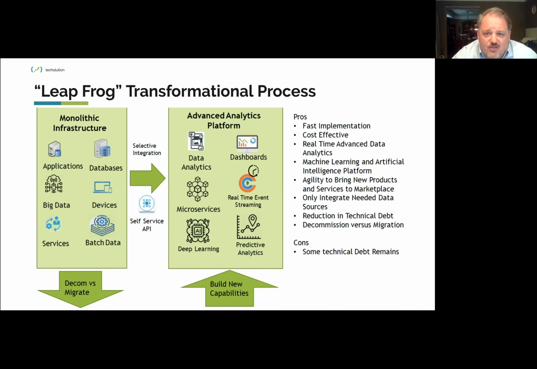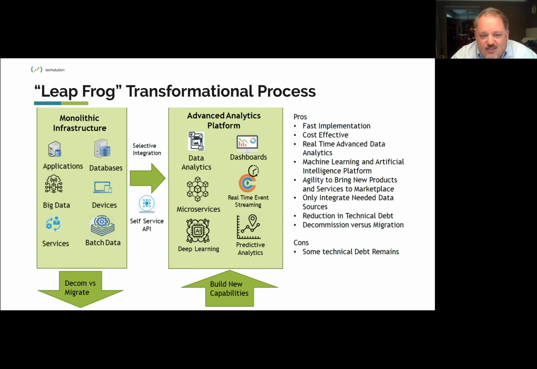What's great about these new advanced analytics platforms is they do two big things for you. One, they give you the ability to bring products and services quickly, but most importantly, they're going to give you the necessary data analytics to make data-driven decisions. And those data-driven decisions are going to become extremely valuable to you when you look at your monolithic infrastructures.